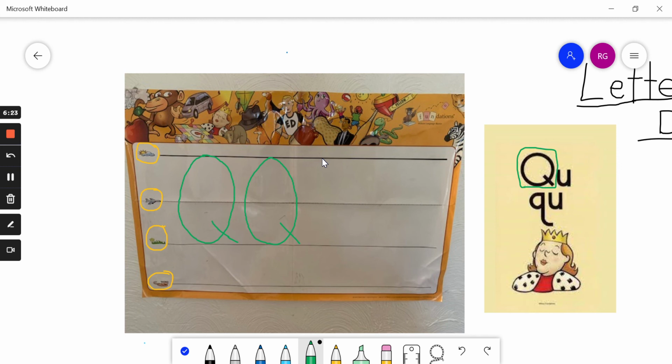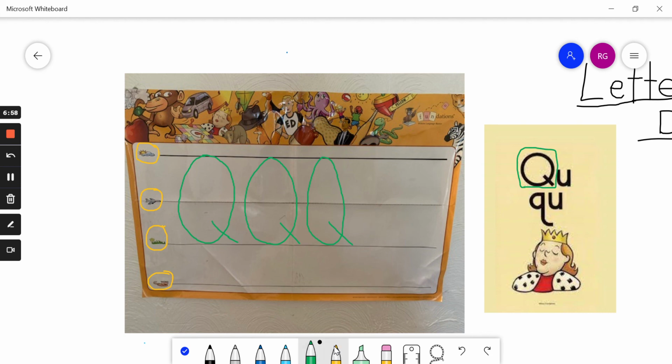Point to the skyline, trace back, then down, around to the grass line, and around back up to the skyline. Then make a tail. Whoa, that went past the line. Oh my goodness. Let's try it again. Whoop. There we go. Oh yeah, Q, Qu.